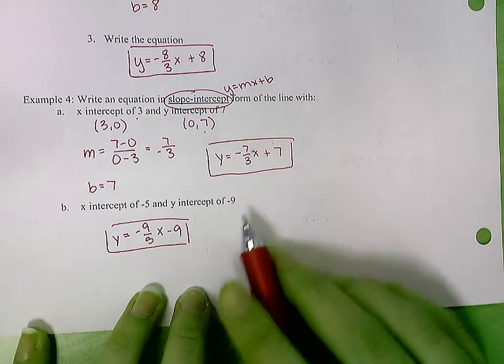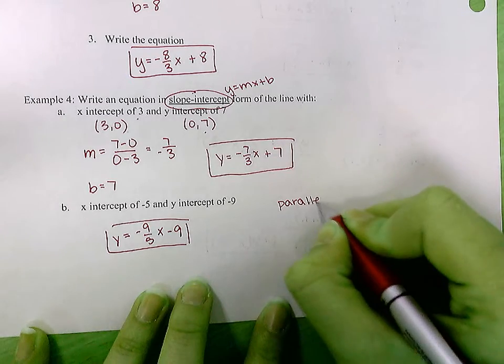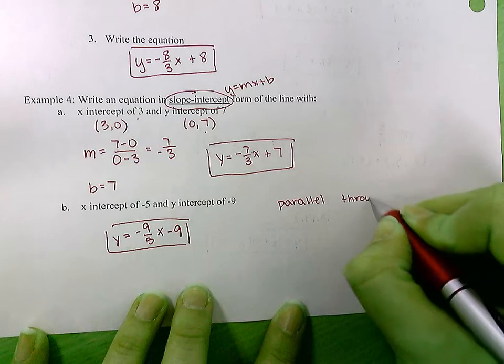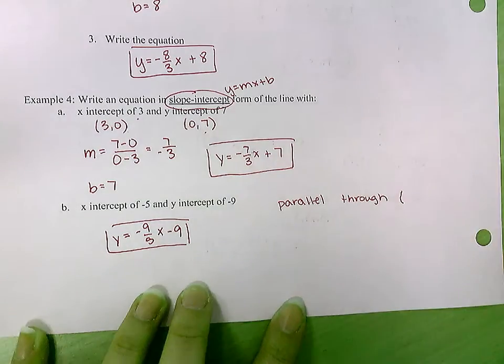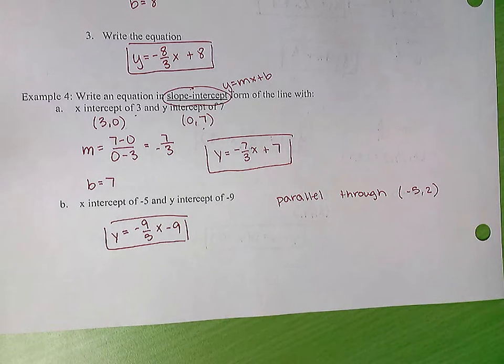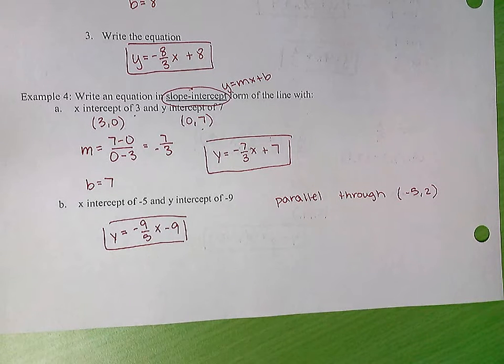I want you to find the equation of the line parallel to this line and through the point -5, 2. So you need to use this slope. You need to find your new y-intercept for that line. So a line parallel to the one you just found and through that given point.